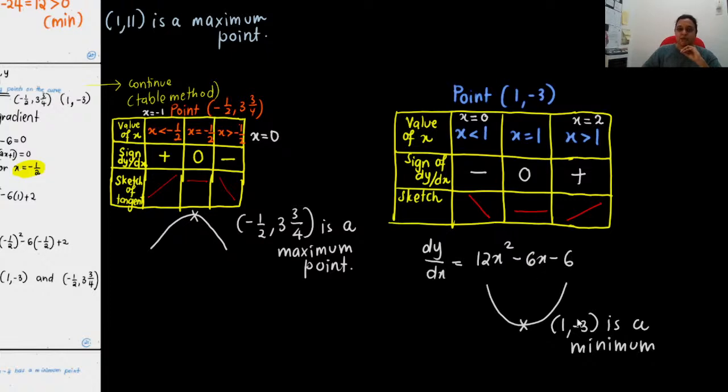So this is how you use the table method to show a maximum point and a minimum point. Of course, the second derivative method was easier, right, because it was faster for us to solve. Now we go to solving problems, the application part, solving problems for maximum and minimum.